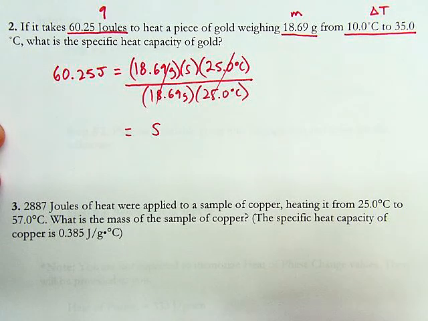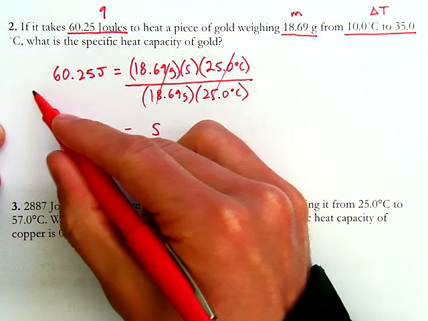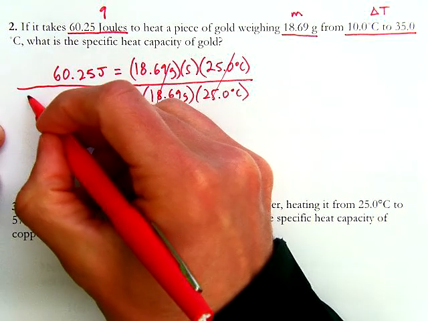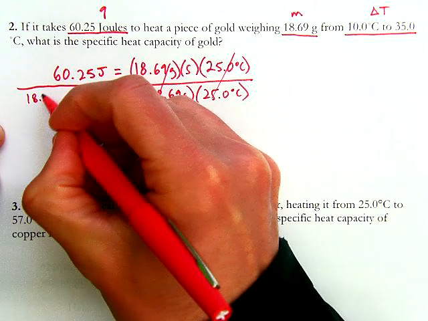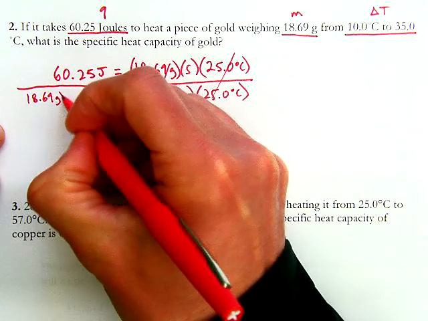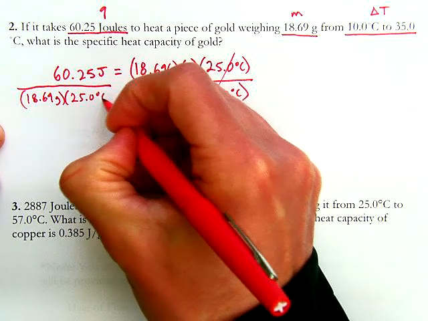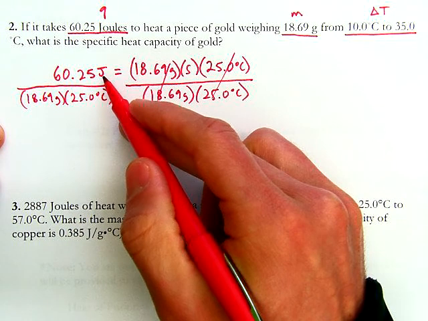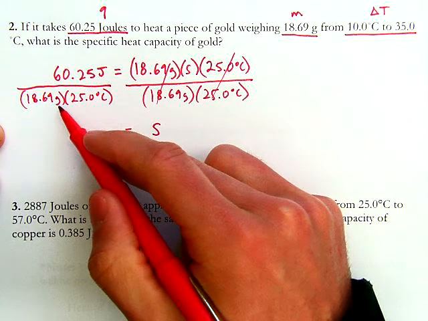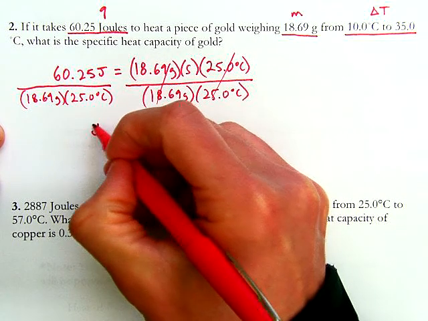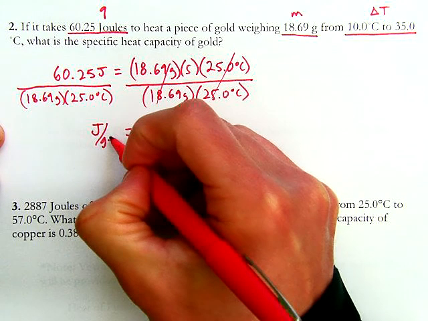Whatever we do to one side, we do to the other. We're taking joules and dividing it by 18.69 grams times 25 degrees Celsius. So in terms of our units, joules is getting divided by grams times degrees Celsius. So S, our specific heat capacity, is joules per gram degree Celsius.